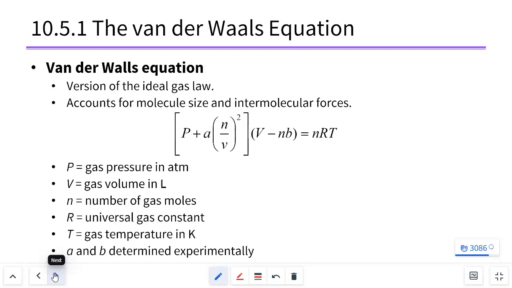Let's correct for that. Let's subtract out a term here from the volume to account for the size of those molecules. Molecules exhibiting intermolecular forces when they're not supposed to, let's correct for that. Let's add something to the pressure term here so that we can account for the fact that those molecules are no longer just unattracted to each other.